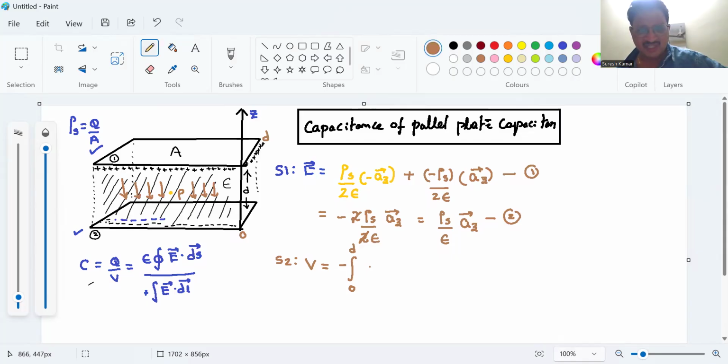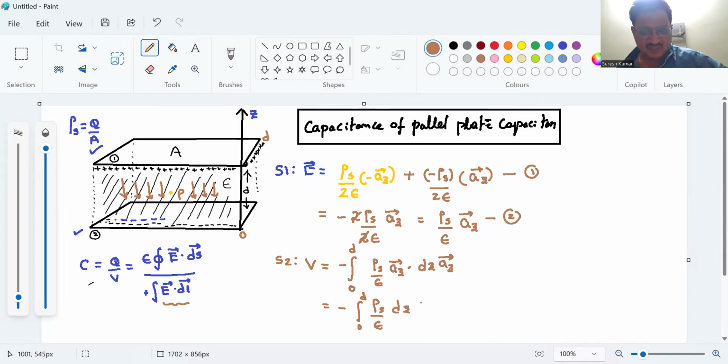Now E here is rho s by epsilon az bar dot dl, because I need to consider this formula. dl means along the z-axis, dz az bar, which is equal to minus integral from 0 to d of rho s by epsilon az bar dot az bar dz.